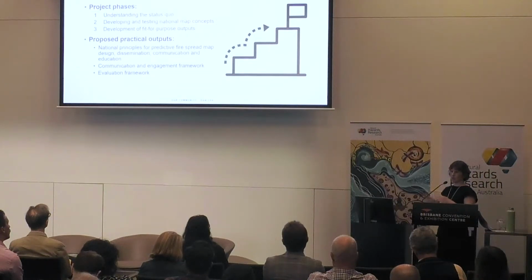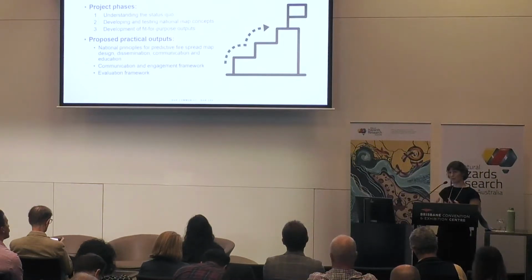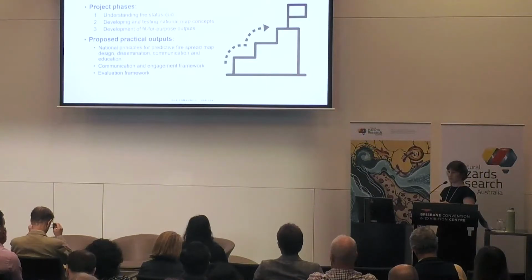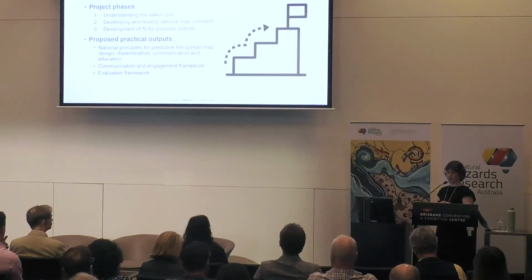And in phase 2, we'll be turning really towards that predictive product, and we would be testing map concepts again with communities in all jurisdictions, and we'll develop those map concepts together with our steering committee. The third phase focuses specifically on the outputs of the project and making sure that those outputs are fit for purpose and can be used once the project is complete.